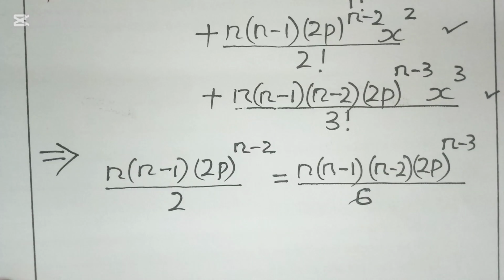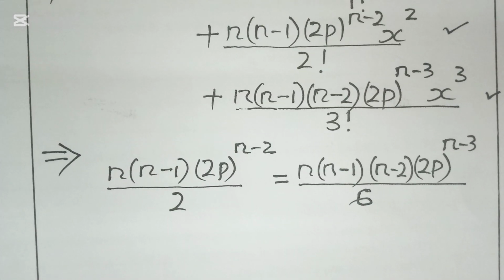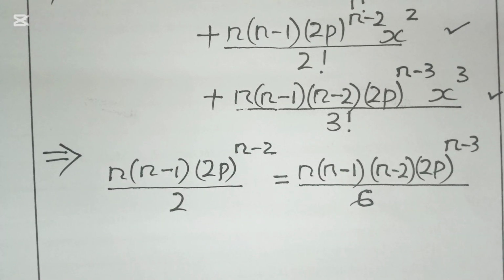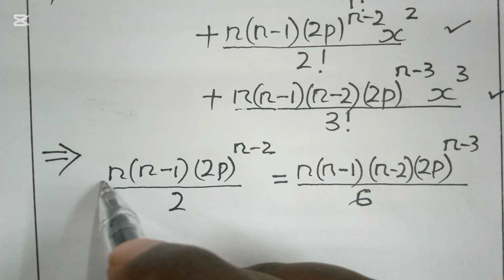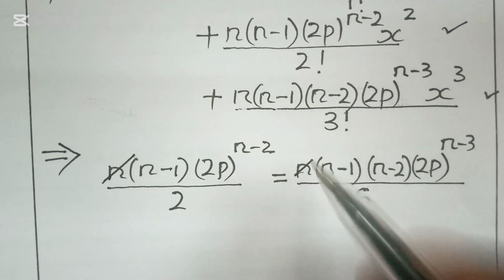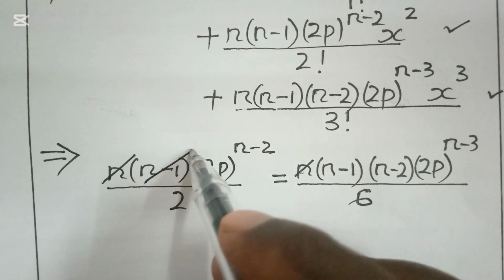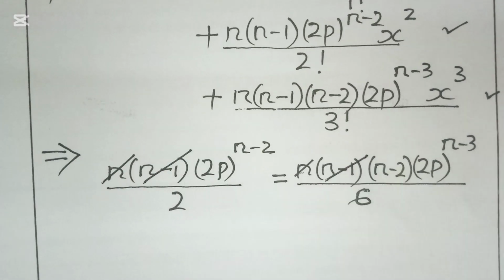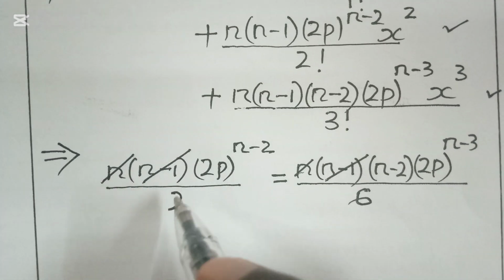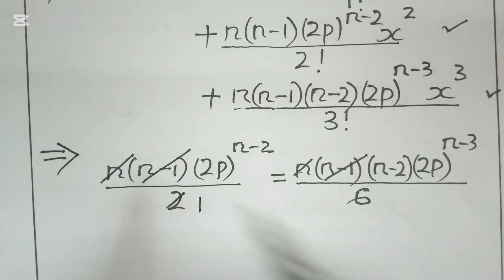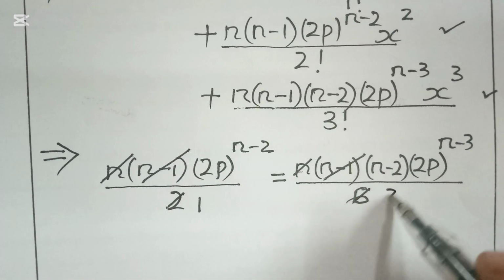Now those are supposed to be equal, and so we can begin to cancel what can be cancelled. We can cancel n and n, also n minus 1 and n minus 1, and we can also cancel a factor of 2 from both sides.